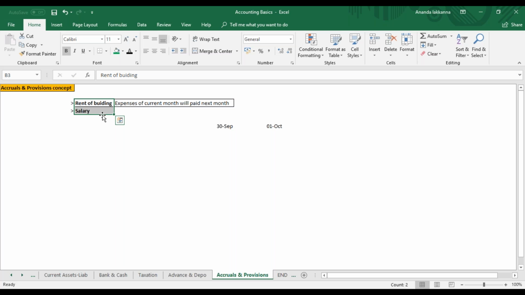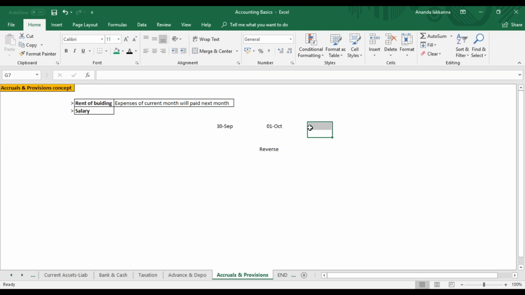If you generate any reports till 30th of September, then that expense will show. But if you generate it for the first of October, it will become zero, because debit and credit entries will get reversed. Means debit will get credit, credit will get debit.